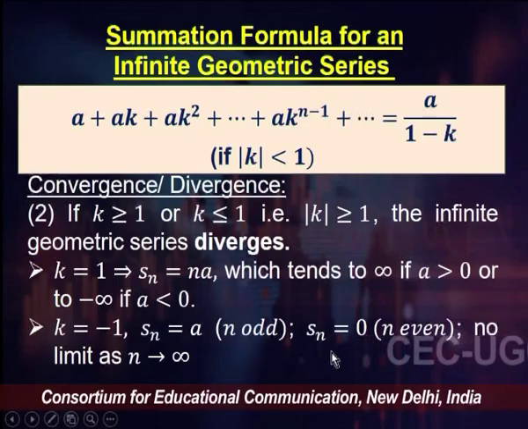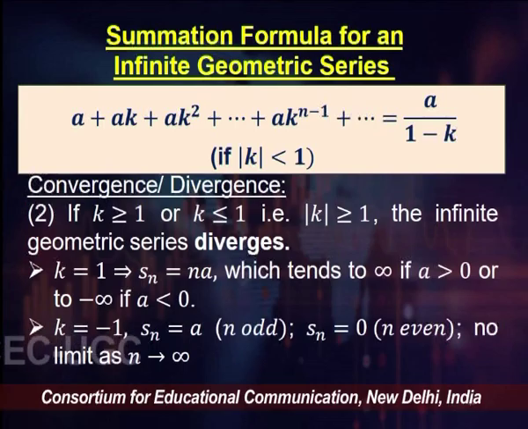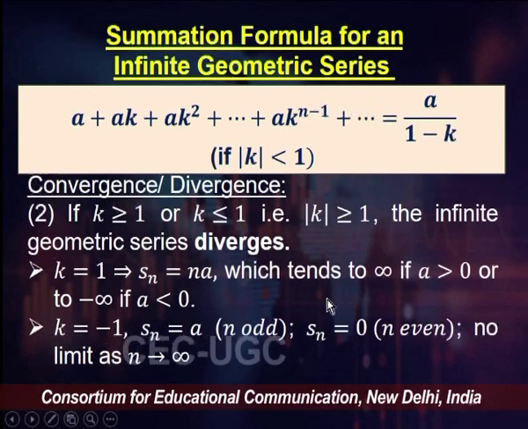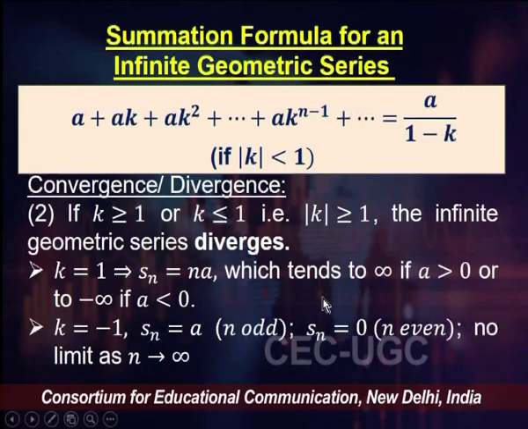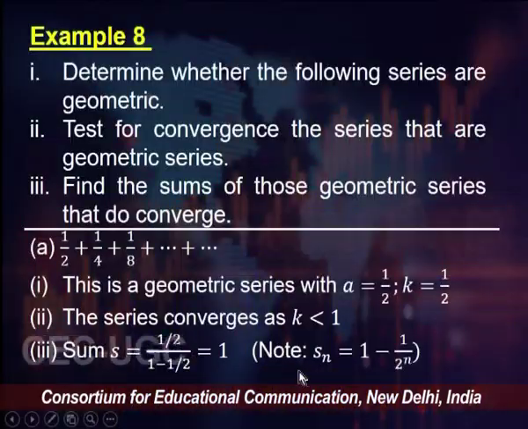So, clearly in this case also there is no limit as n tends to infinity. So, please remember these results for convergence. If we want to test a geometric series for convergence, that convergence will happen as long as the common ratio is less than 1 in absolute terms, or k is between minus 1 and 1. Otherwise, the series diverges. Let's look at a few examples to test your understanding.